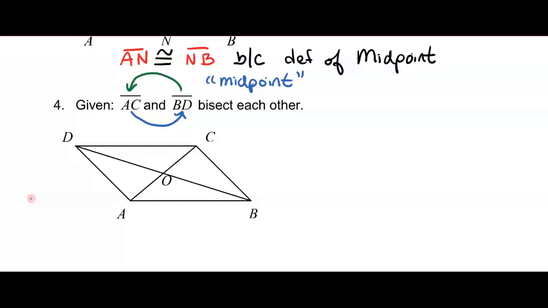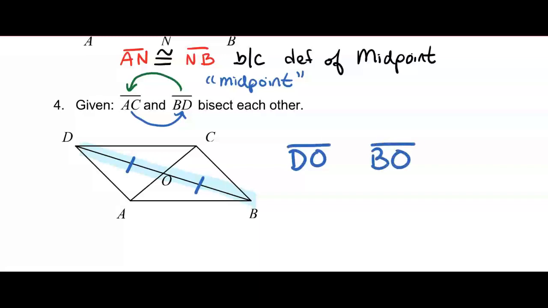So let's start with AC bisecting BD. So when BD is bisected, which congruent segments are being created? Which thing should I be marking congruent? Cole? DO and BO. Segments DO and BO. There we go.